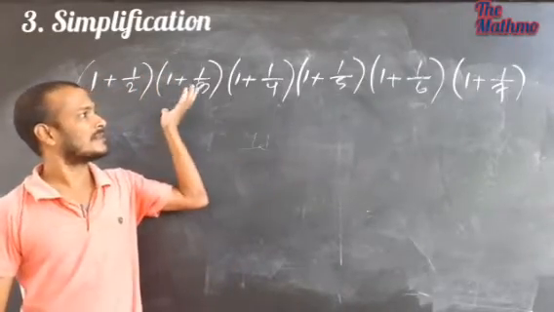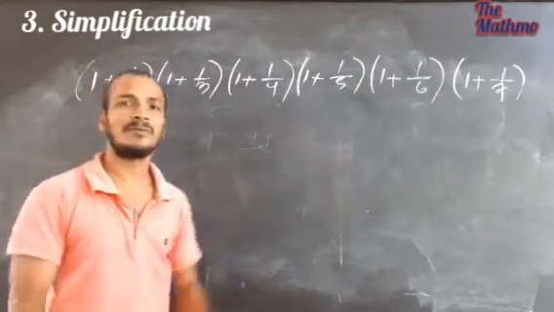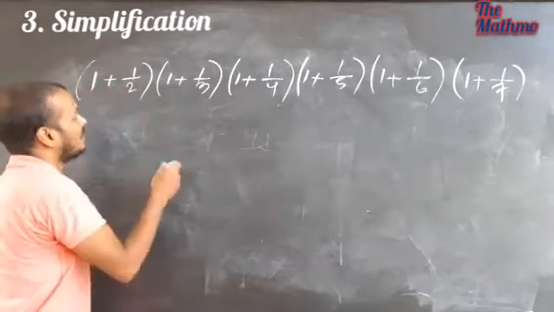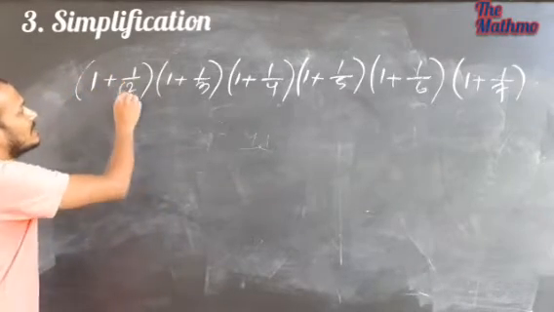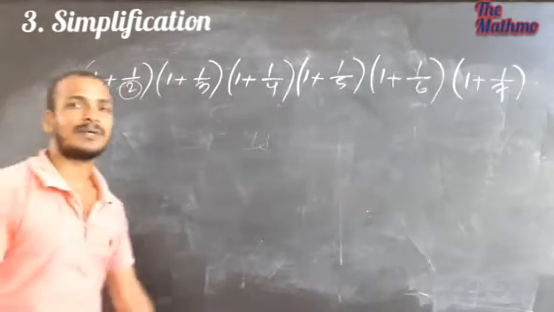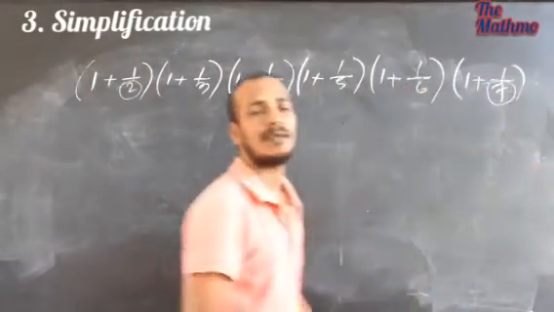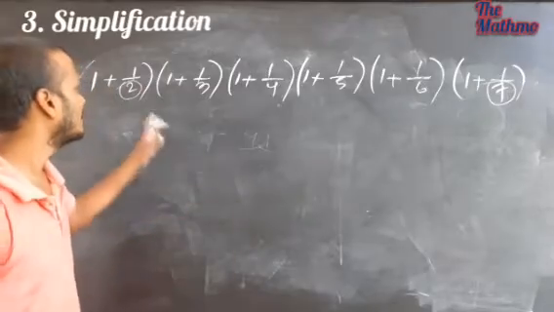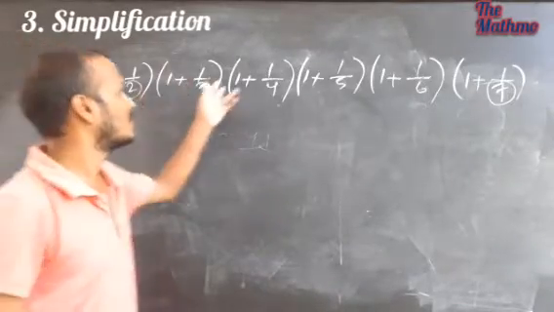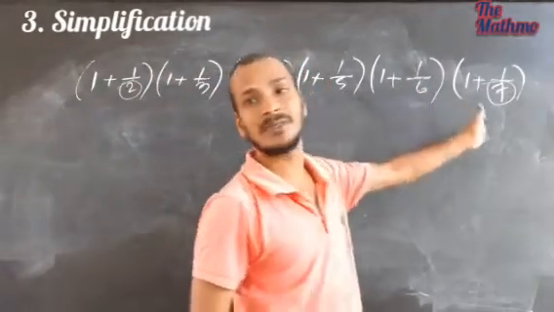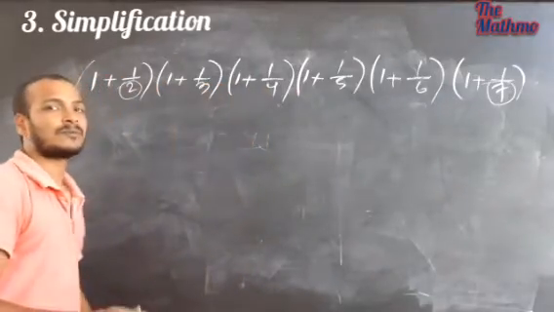If the fraction is given this way, what to do? This is the first part of the fraction, and this is the last part, 7. If it is like this, 1 by 2, 1 by 3, 1 by 4, 1 by 5, and so on, what to do?